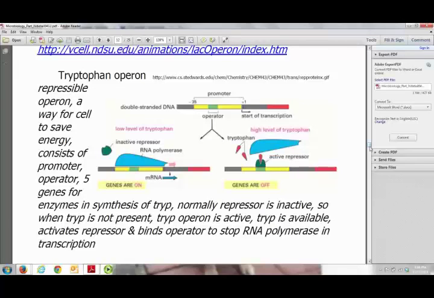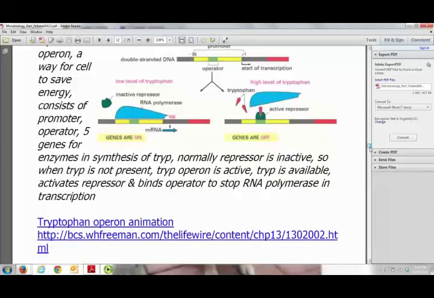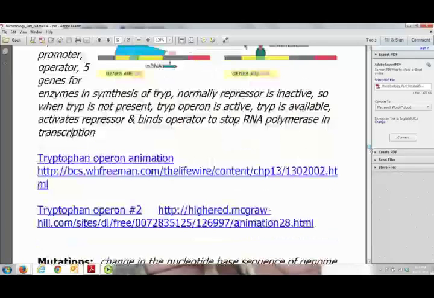If tryptophan is available, it activates the repressor, binds the operator, and stops the RNA polymerase in transcription. So if tryptophan is available from the environment, the cell is not going to go through and make it. Again, the animations are usually very helpful in making sense of the operons.